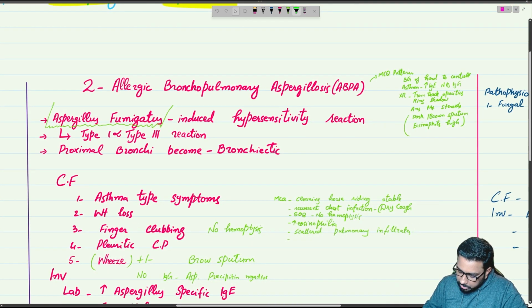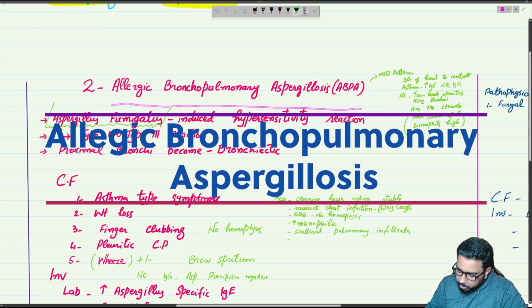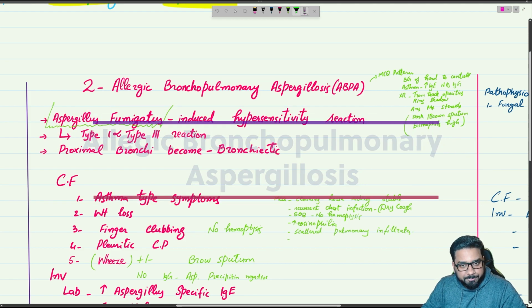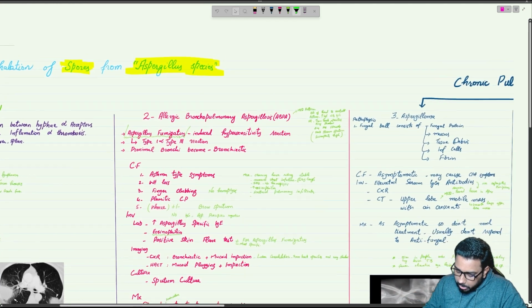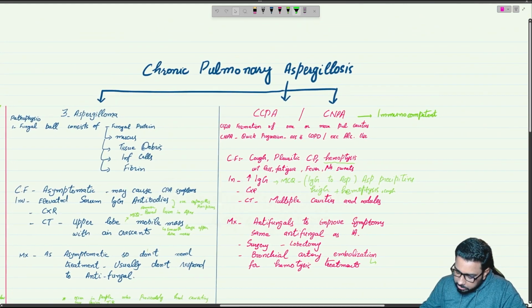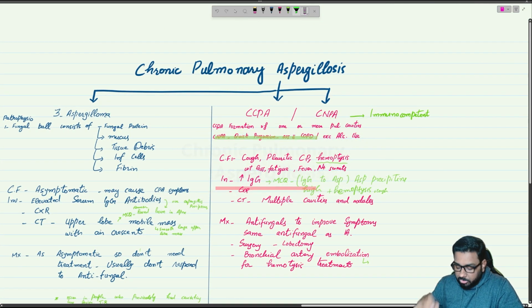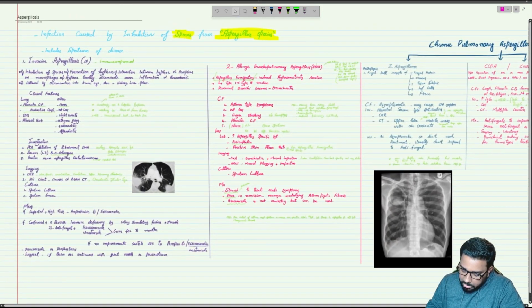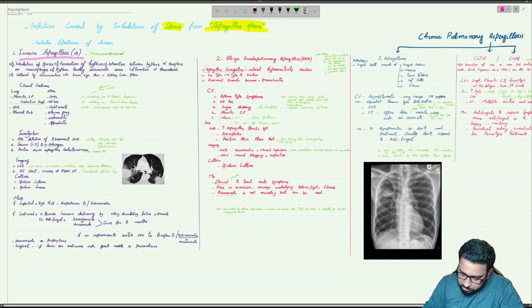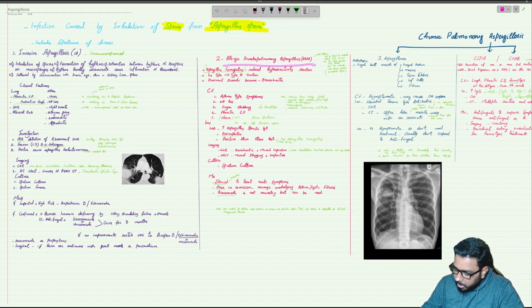Number two is allergic bronchopulmonary aspergillosis. And number three is chronic pulmonary aspergillosis. So there are three forms: invasive aspergillosis, allergic bronchopulmonary aspergillosis, and chronic pulmonary aspergillosis.